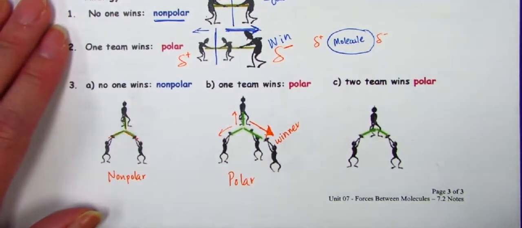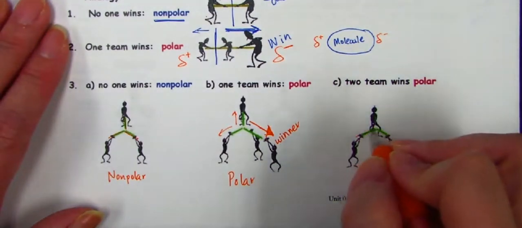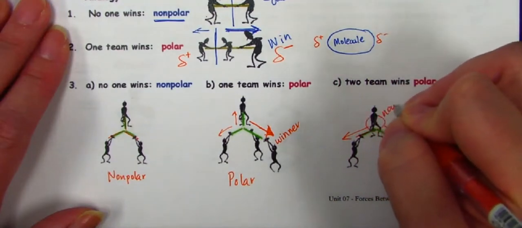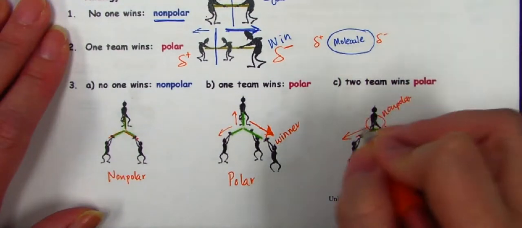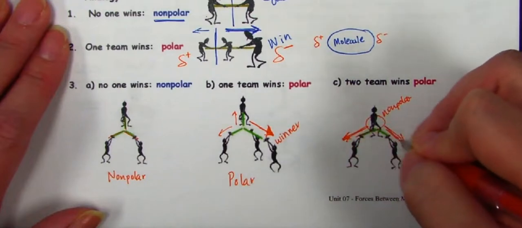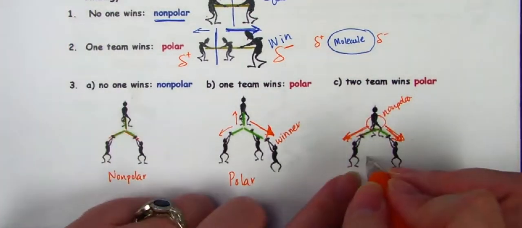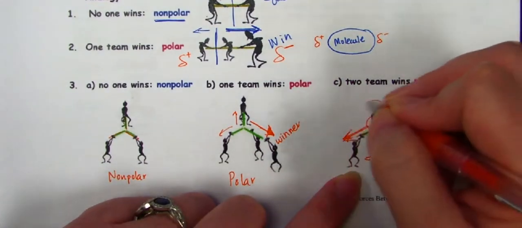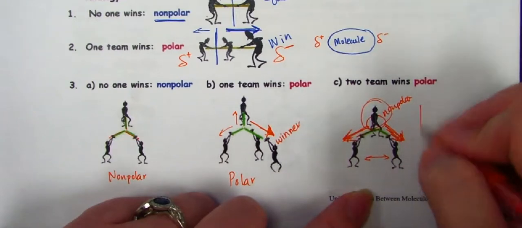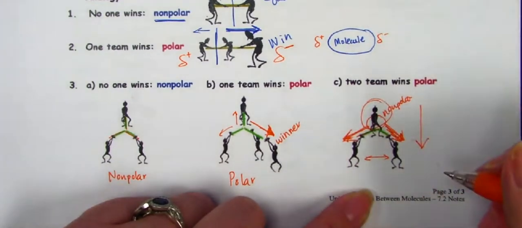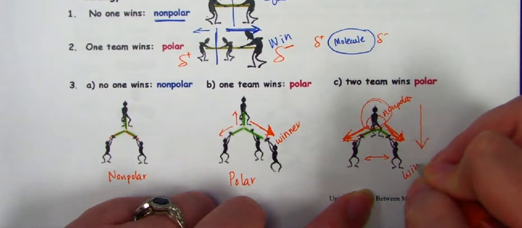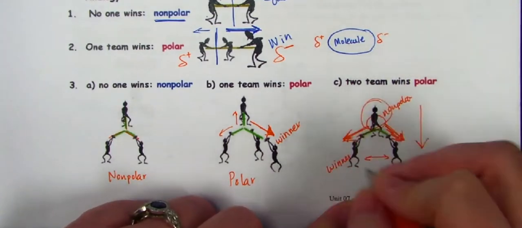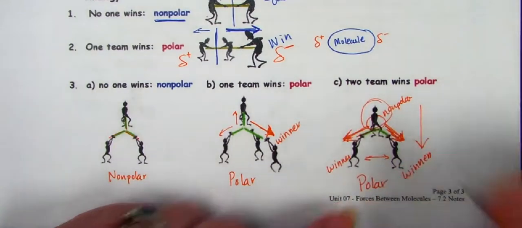And then finally, if I only have two teams pulling, and let's say right here, this is a nonpolar bond because nobody's pulling, but these two guys are. Even though they cancel each other out left and right, they're all pulling downwards, whereas this guy is not pulling at all. And so again, overall, it's being pulled in one direction. There is a winner. Both of these are winners, and this one is not. And so this is going to be a polar molecule.